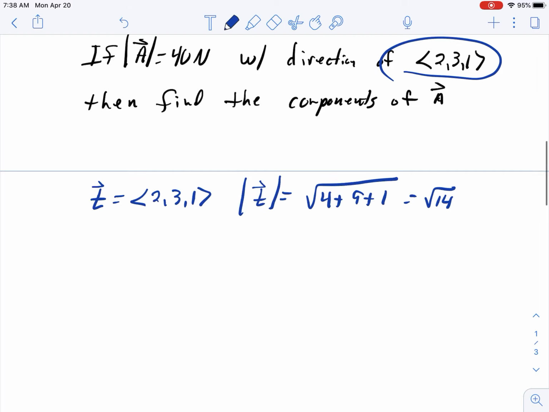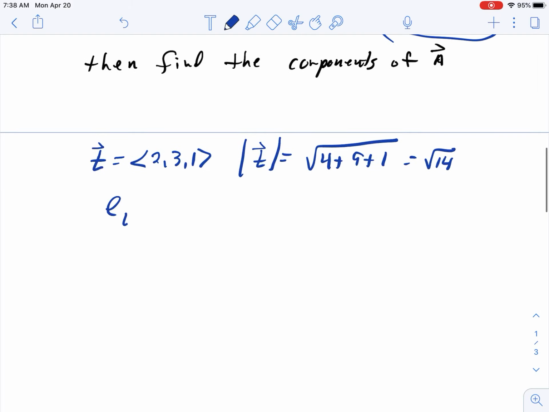So that'd be root 14. So that would mean the unit vector of T would be 1 over root 14 of 2, 3, 1.